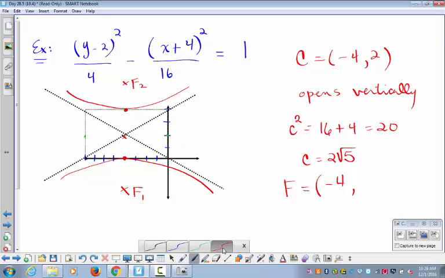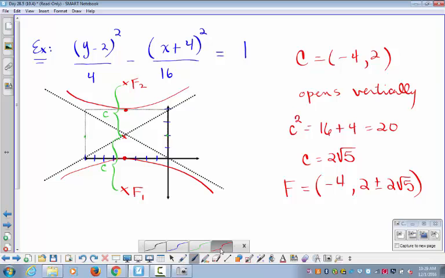And then to get the y-coordinates, just remember that that c value is measuring from the center, measuring that distance right there. That's little c. So little c is measuring from the center to the focus. So we're going to start with the y value for the center, which is 2, and then plus or minus 2 root 5. Those will be the foci.